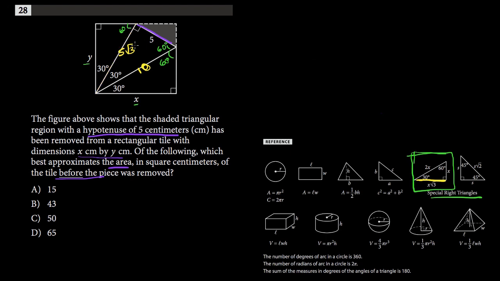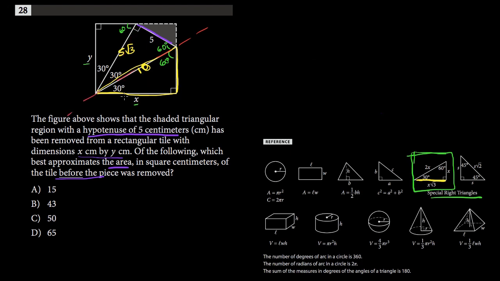You notice that this 5 root 3 becomes the hypotenuse of this triangle, and this 10 becomes the hypotenuse of this triangle. Actually, this triangle is just a reflection of our main triangle, this one right here.